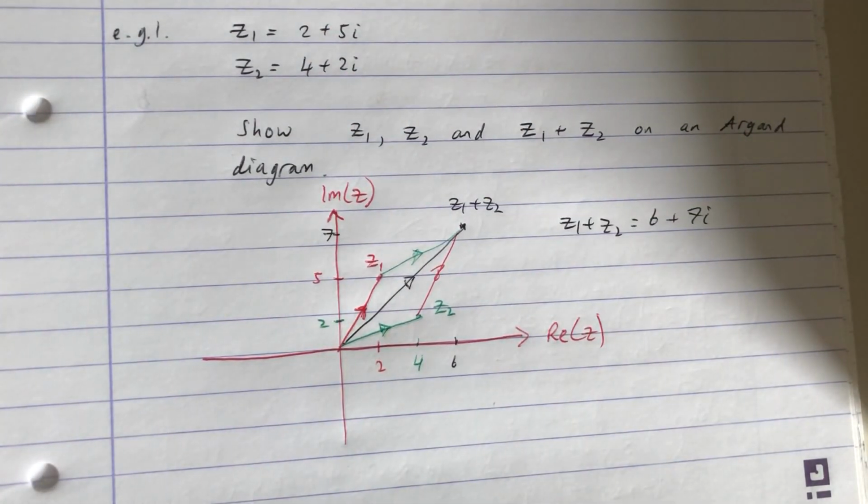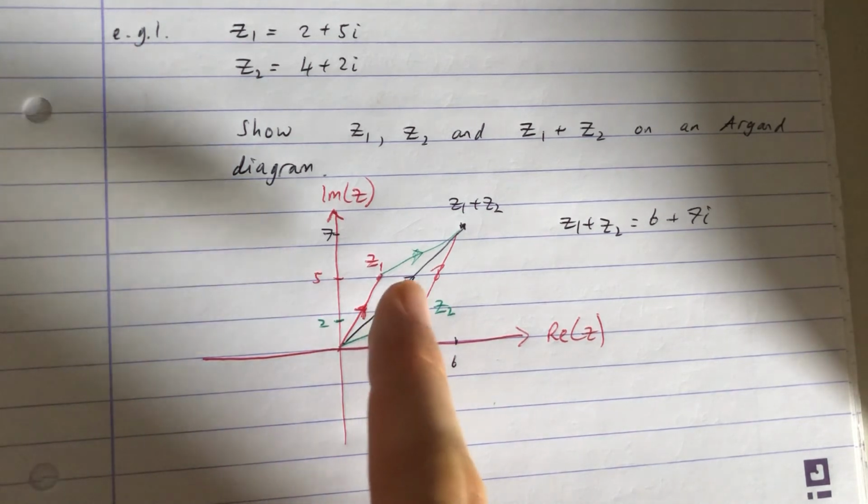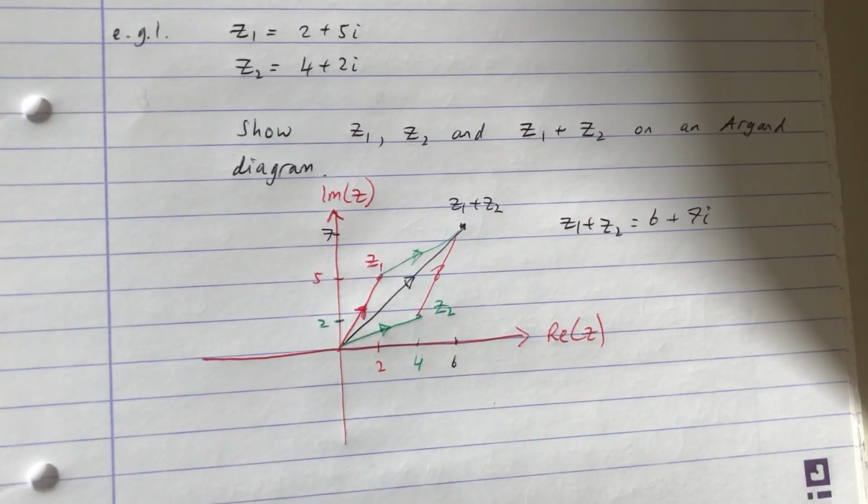Now that's pretty much it. So all you've really got to do today is use this diagram, and you can effectively treat it like a coordinate grid with a real x-axis and an imaginary y-axis, but definitely use arrows to express the complex numbers. So view them as vectors rather than coordinates.